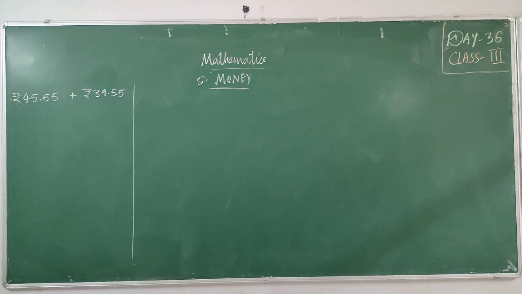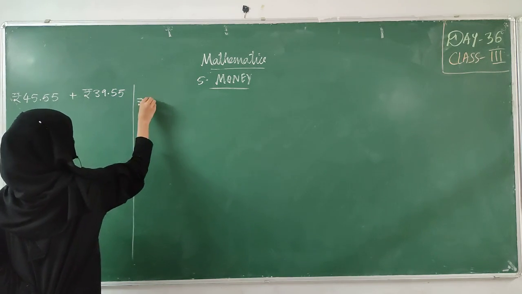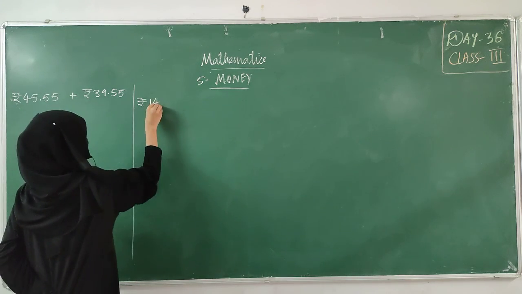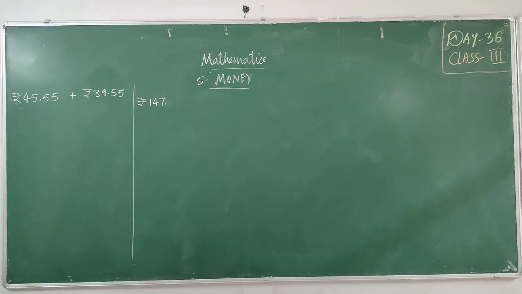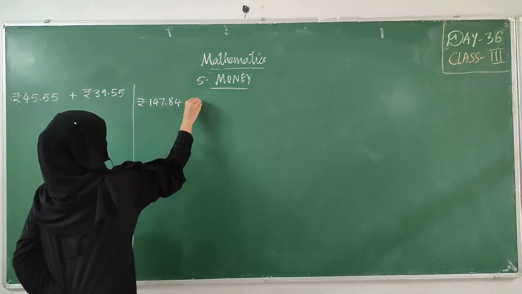Next, we'll look into a bigger amount, that is rupees 147.84. After the point, whatever we are writing is paisa, 84 paise.